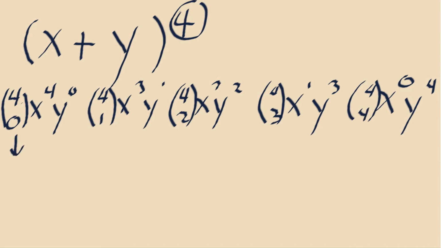And this means you do 4 factorial over 0 factorial multiplied by 4 minus 0 factorial.